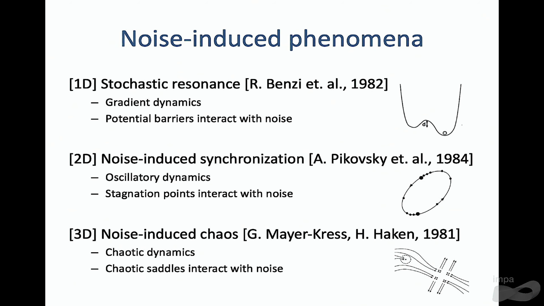The third one, also old, from early chaos study, is noise-induced chaos, studied by nonlinear physicists to understand what chaos is in terms of physics. It is caused by chaotic saddles interacting with noise.